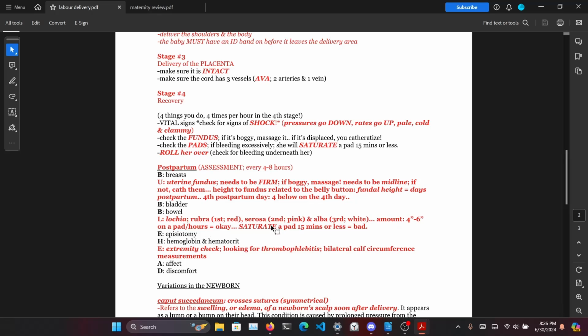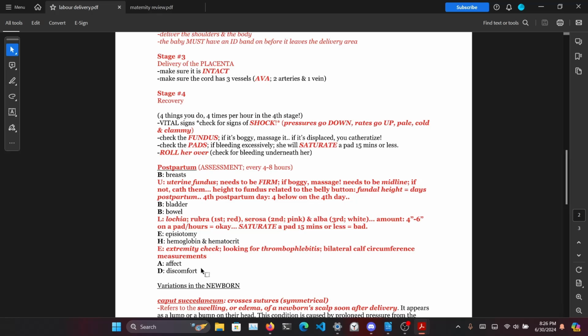Then if you did an incision for the delivery, you have to assess that area for infection. Hemoglobin will tell you if the mother is going into shock, and also check the mother's extremities, especially the lower legs, for signs of DVT, such as calf muscle pain that is tender and warm to touch.